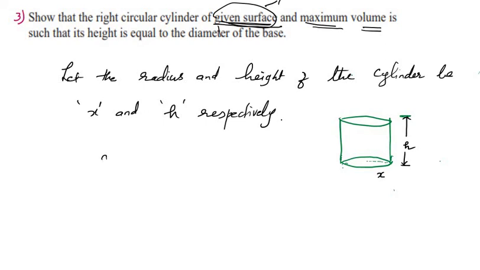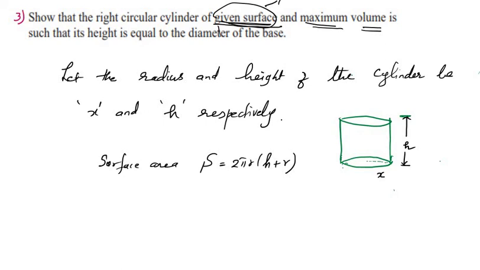Therefore, the surface area S is equal to, what is the formula for surface area? 2 pi r into h plus r. We know this formula already, we have learned. Therefore, S is 2 pi r into h plus r.